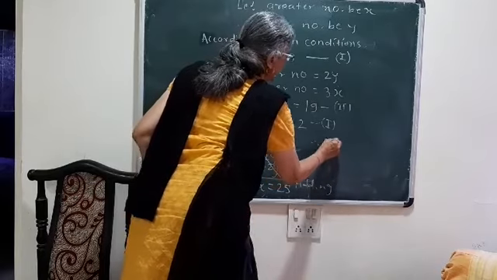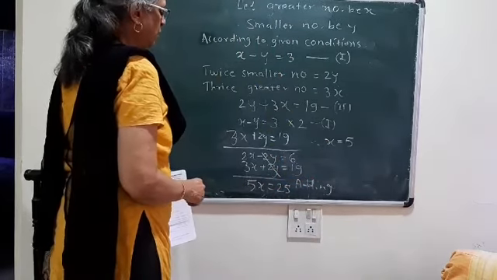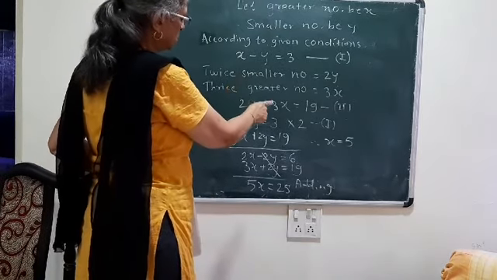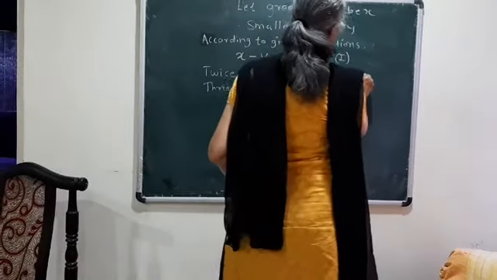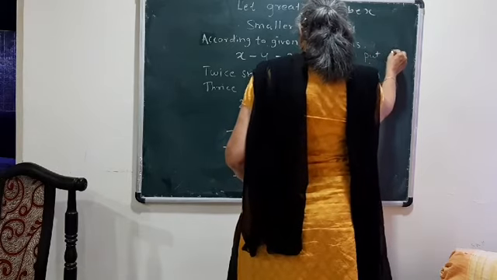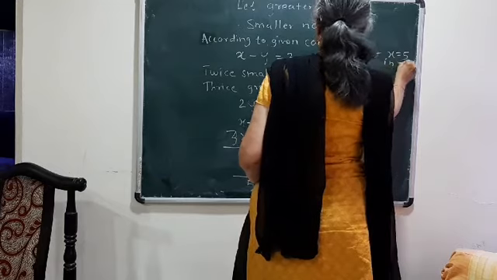So we have the greater number 5, and from that we are going to find the smaller number. So x minus y, put x equal to 5 in equation 1.